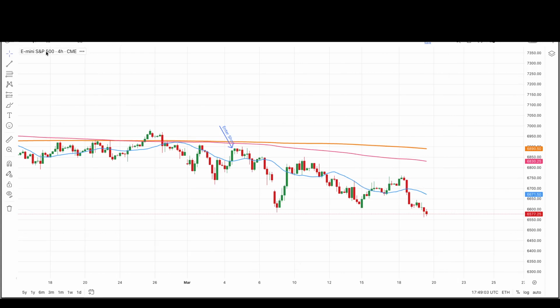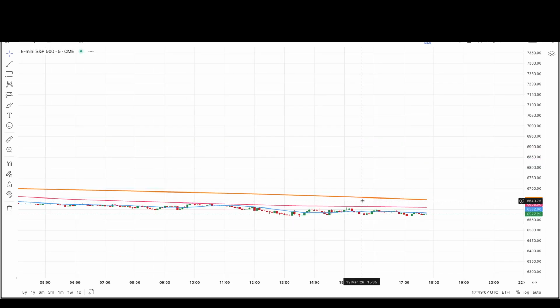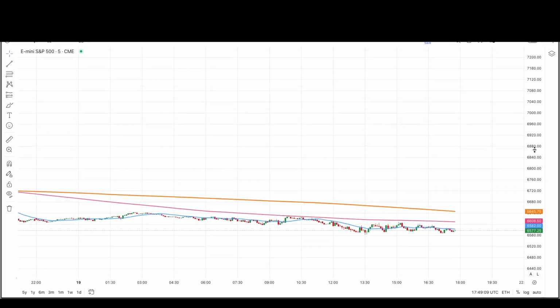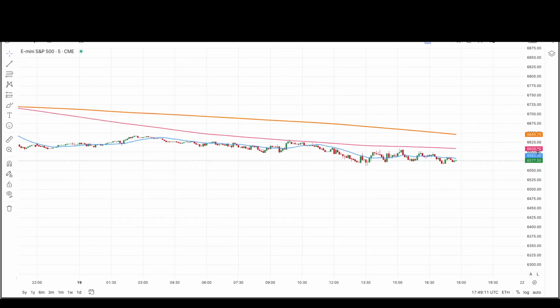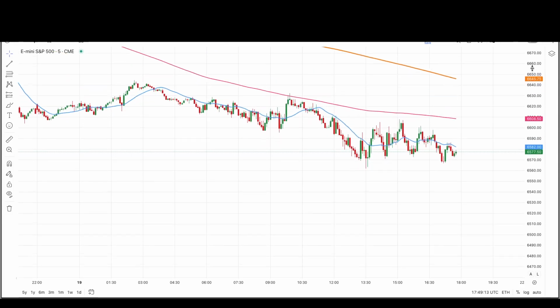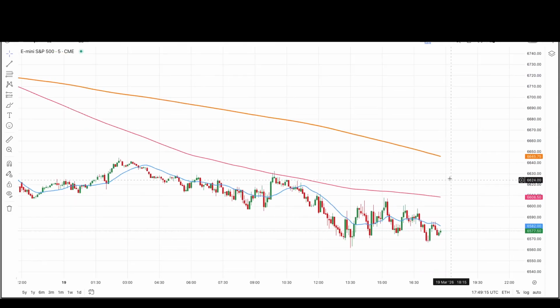Okay, so the trigger is going to be... let's see how we're going here. Yeah, the trigger will be anywhere between 6645.